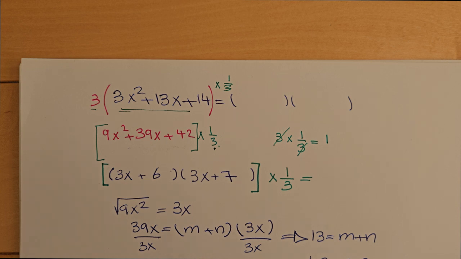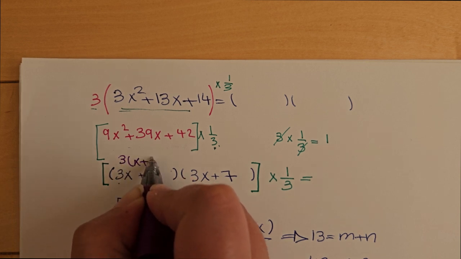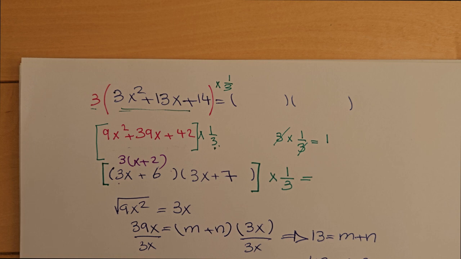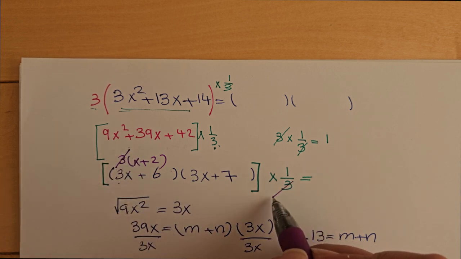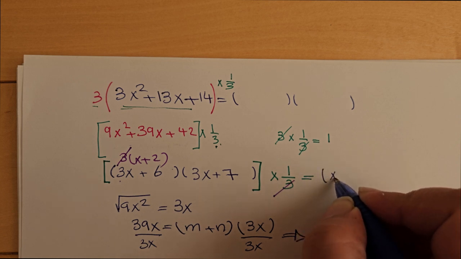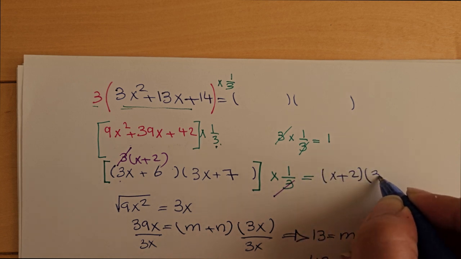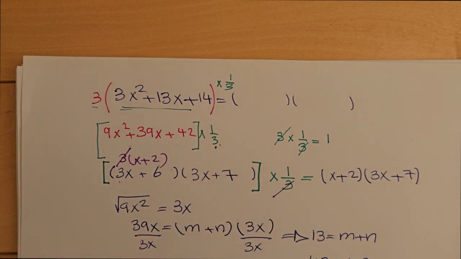Here, what I will do is that I can factorize a 3 from the first bracket, right? Then I will cancel this 3 with this one. So the final answer after all the simplification would be x plus 2, 3x plus 7. Okay?